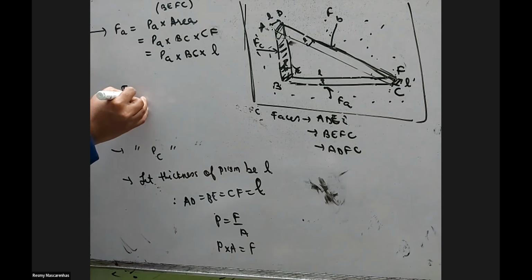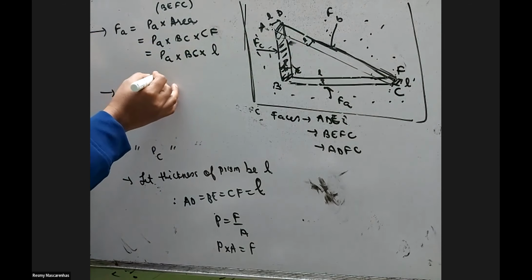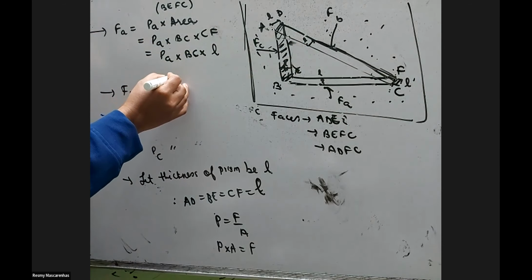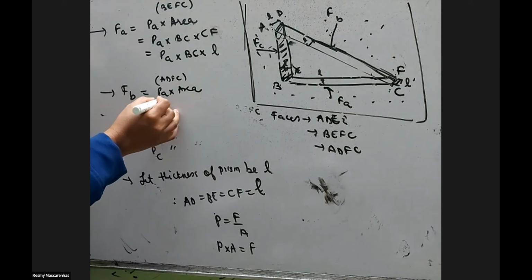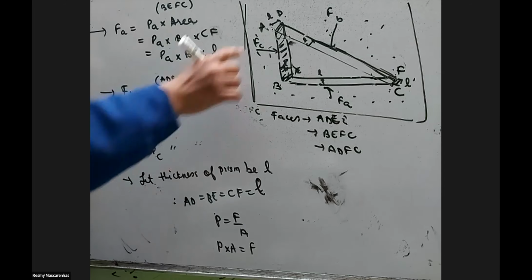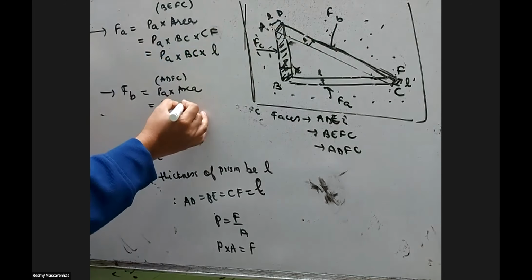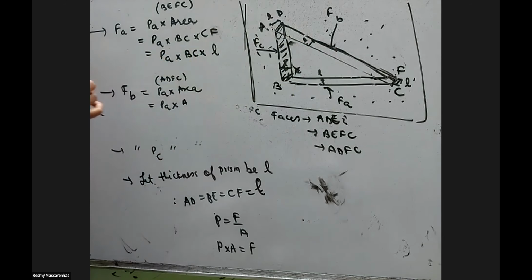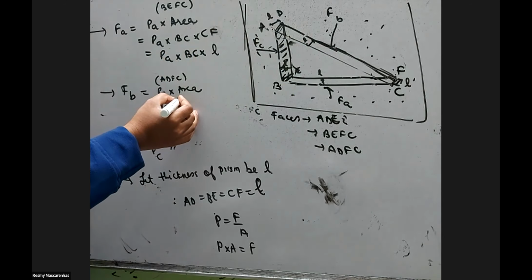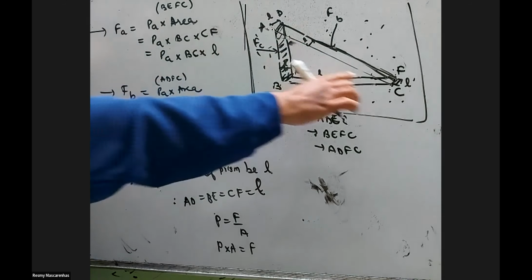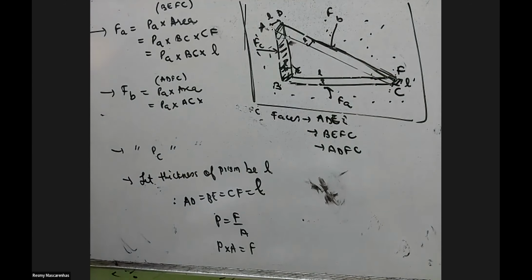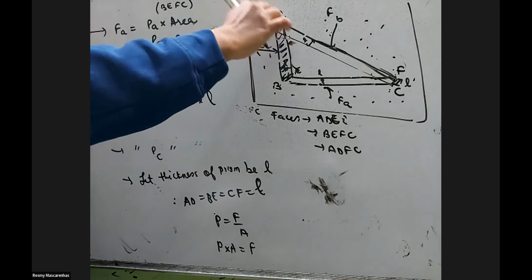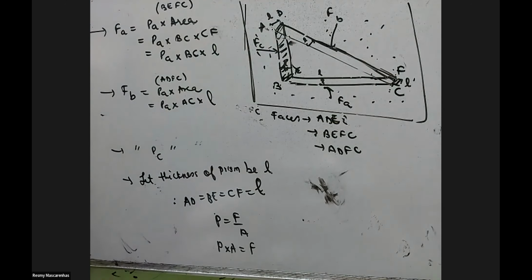So this is how we get force on this space. Same way we'll calculate Fb, that is on which space? ADFC. So again same thing, pressure into area. Which is the area now? This space. So either you can take AC or you can take DF, but we'll take the first side only everywhere. The same way, this will also be length into breadth. Breadth distance is how much?